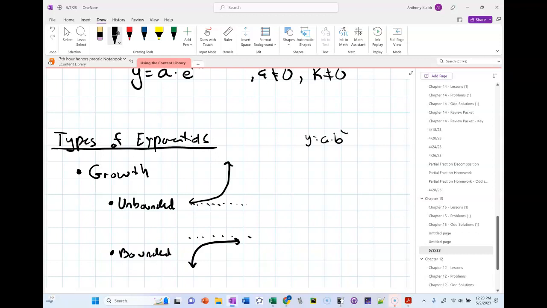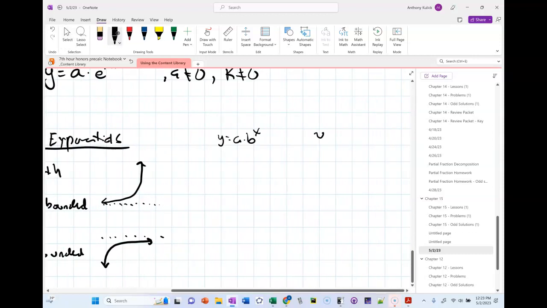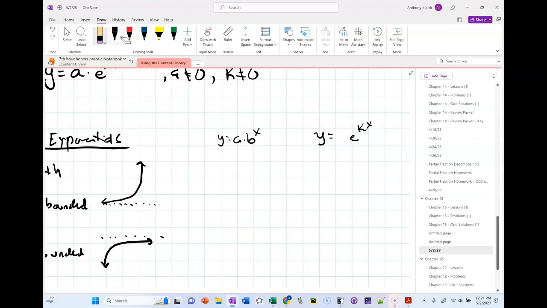So if we have our two different types of exponentials, we can identify whether we're talking about growth or decay just by looking at the values of our coefficients. So if we have unbounded, that's where a is greater than 0 and b is greater than 1.